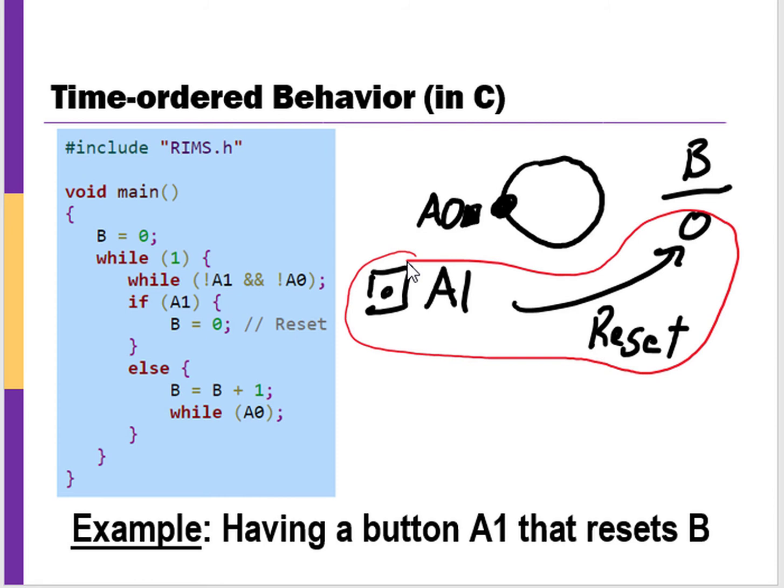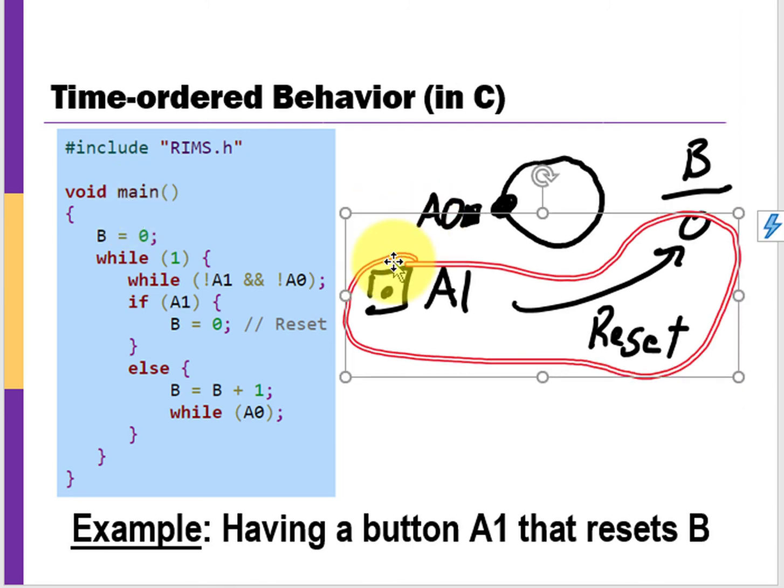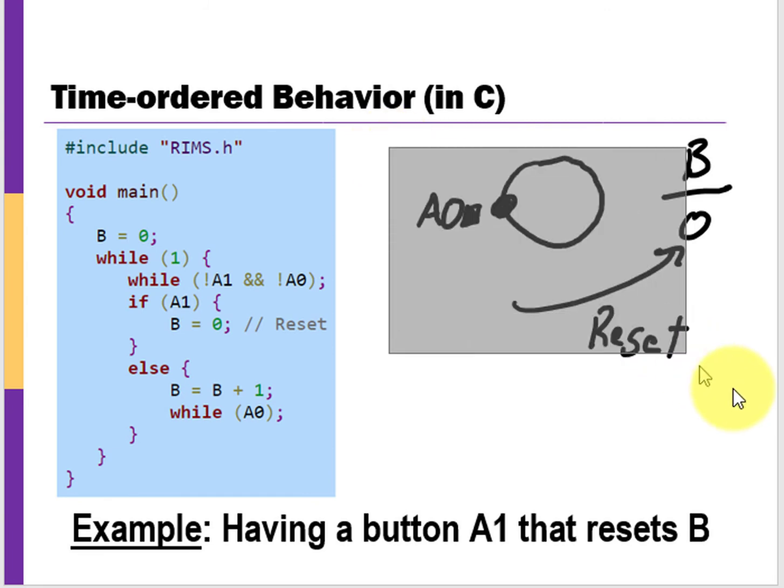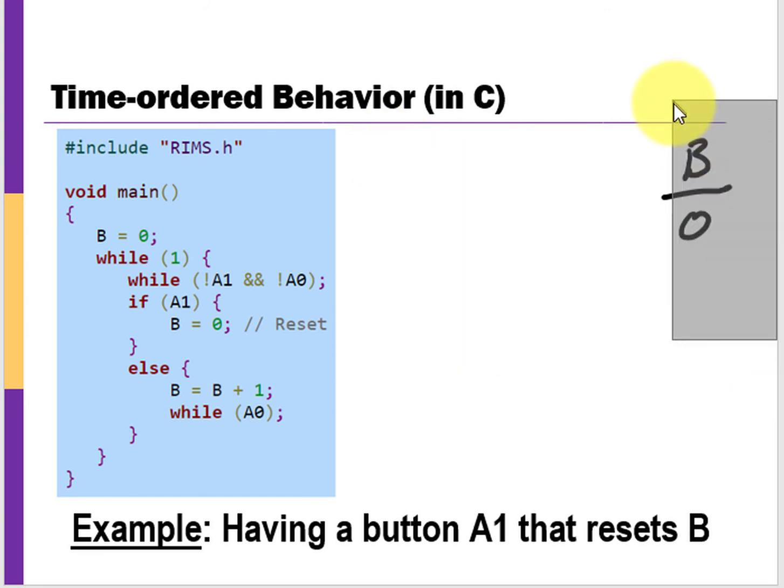All right, so let's look at how this code works, and let me just make a little room so that we can go ahead and draw this out. Let's look at this and draw what's happening.